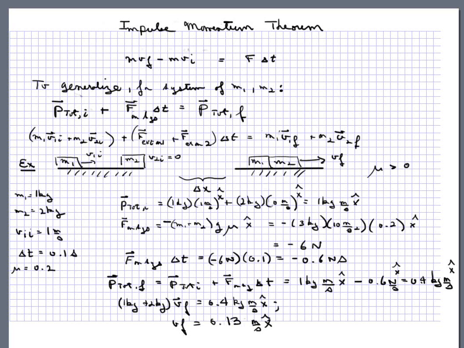We can take the previous result for a single particle, which said that the change in momentum is equal to the impulse, and generalize it to state what's known as the impulse momentum theorem.